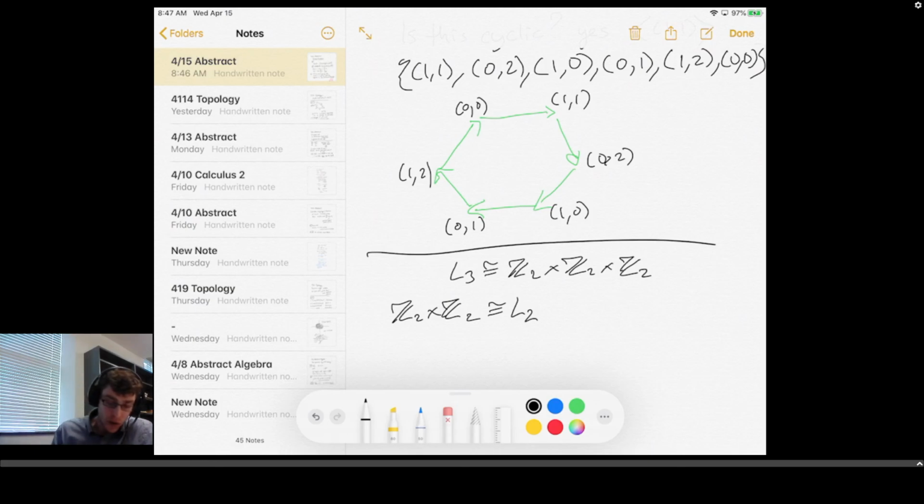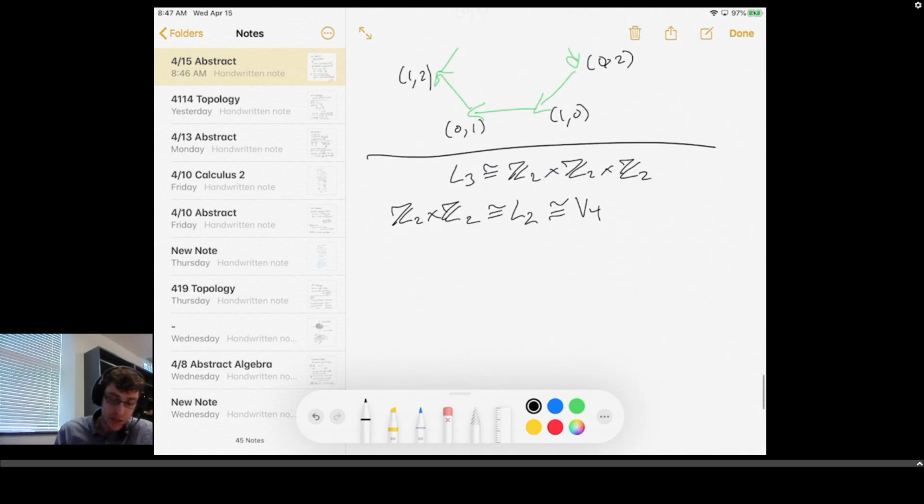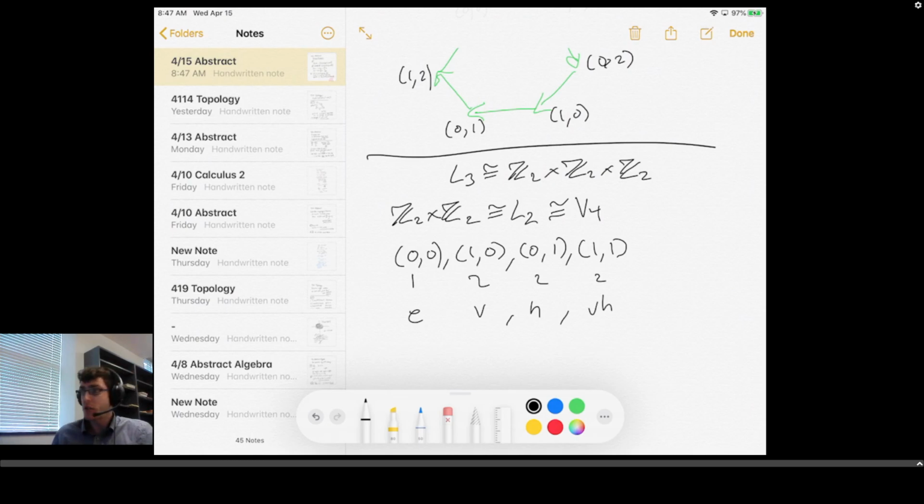Yeah, it's V4. Think about it, right? So this is order 4, and all things are order 2. So you've got 0, 0, you've got 1, 0, which is order 2, you've got 0, 1, which is order 2, and you've got 1, 1, which is order 2. So it's 1, 2, 2, 2. And then V4 is the same, right? So it's like E, call this one V, it doesn't matter, H, and then this would be your VH.